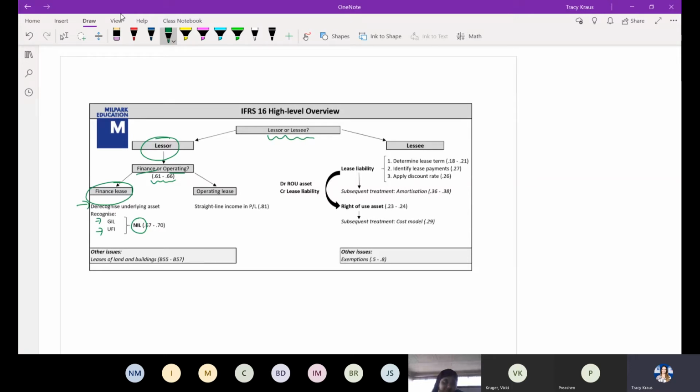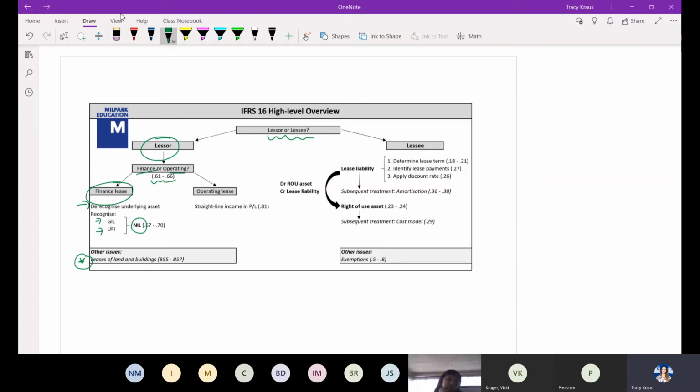Now, we did talk a bit in the lessons about leases of land and buildings. When we lease land and buildings together, we need to separate out the land from the building, because land can never really be a finance lease. Remember, the risks and rewards of ownership of land can only transfer if we transfer title.